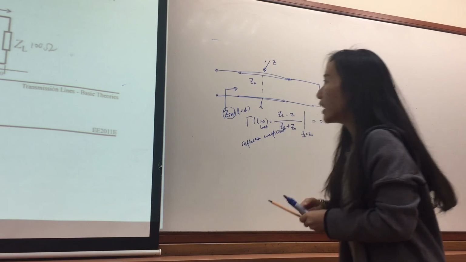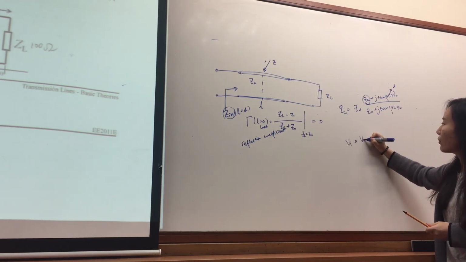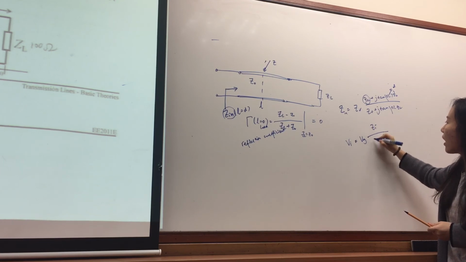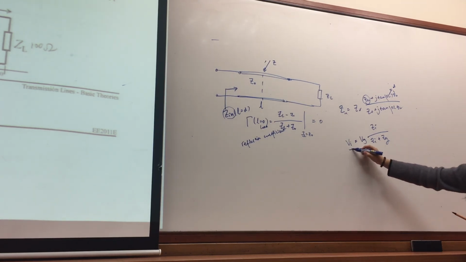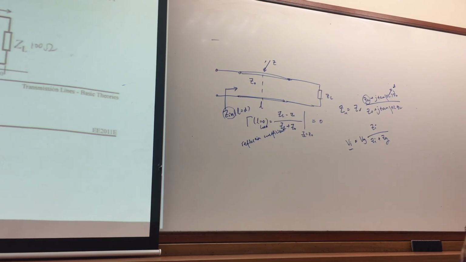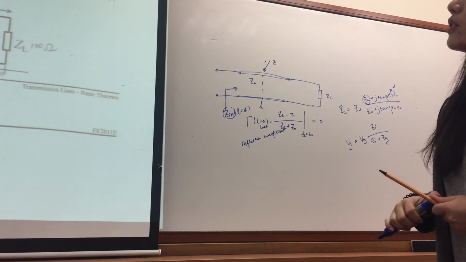So you can calculate Vi equals Vg times Zi over Zi plus ZG, voltage division. Okay, so that is how you calculate Vi. I think that's enough for the first question.